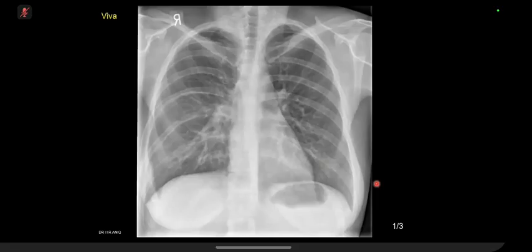So this is a frontal chest radiograph of an adult patient. I don't see any acute focal lung lesion. So going through review areas.